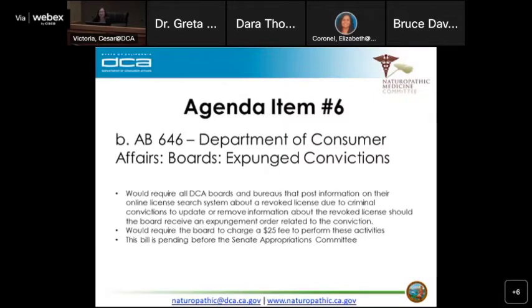Let's say that it was set aside, a diversion of some type, and they get through the diversion, and then that conviction is removed. We, at that point, from my understanding, would not have the authority to go after them or to continue our actions against our license based on that conviction. Now, if there were other factors, of course, we would still be able to use those, but that conviction we would not be able to use as a factor.